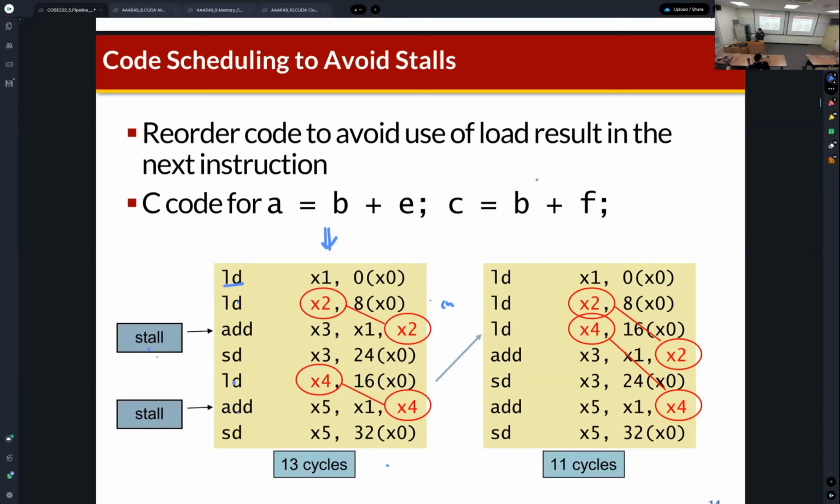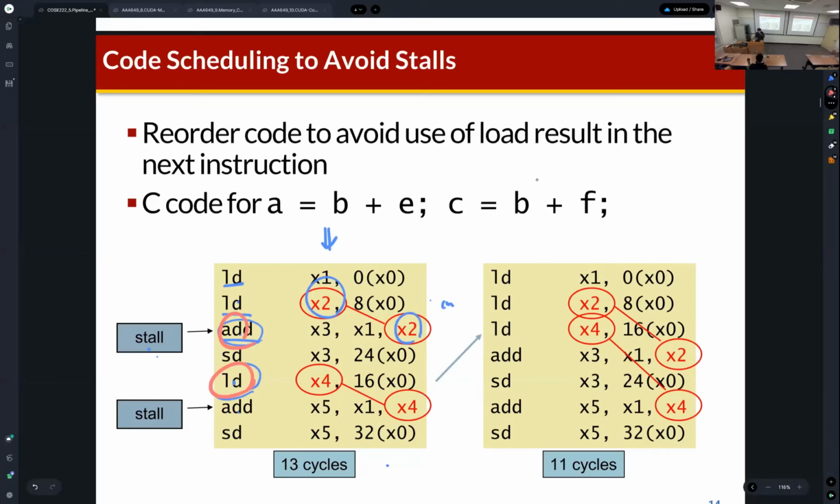Inside of the basic block, the compiler can change the order of instructions if no data dependency is observed. What does that mean? We can find a data dependence between this load and add instruction, but we cannot find any data dependencies between this load and this other add instruction.